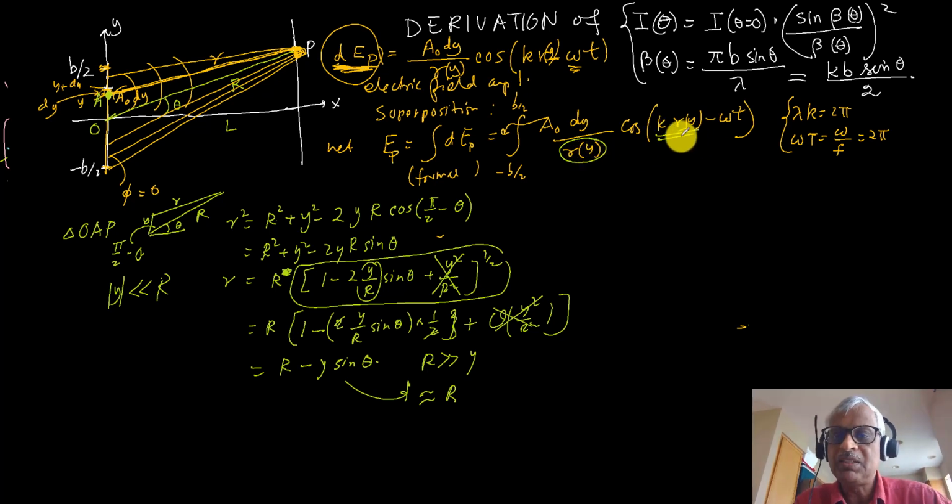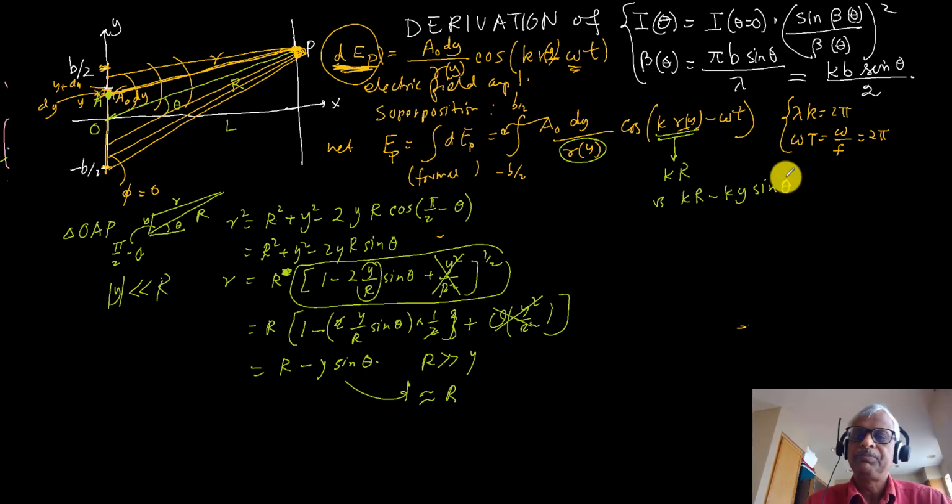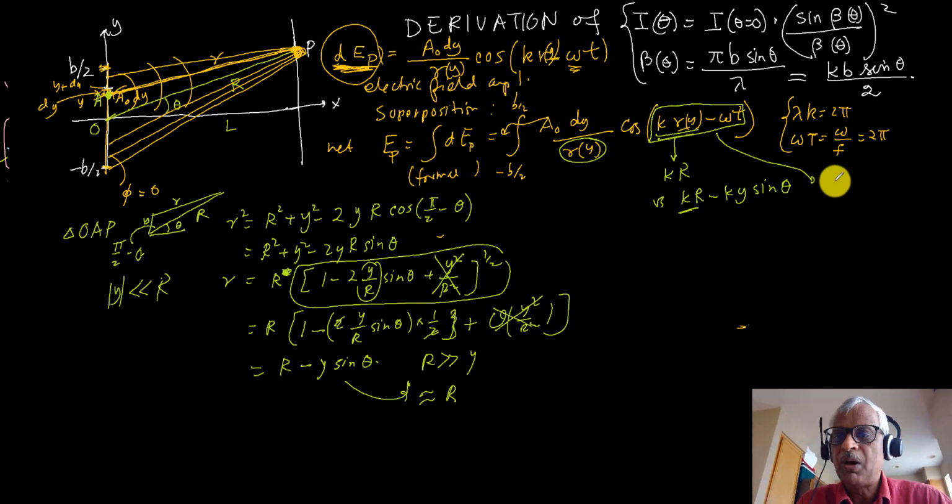But over here you can see that we have kR versus kR minus ky sine theta. Now kR is going to be some number, but you can see this whole argument here is modulo 2 pi. So this can be whatever big, say this is like a 1000 pi.